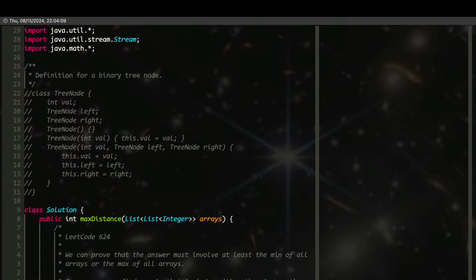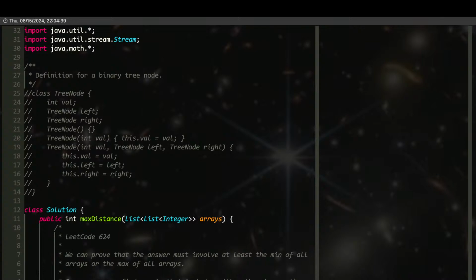Then we can always use the actual max to replace the current bigger value to produce a bigger distance.